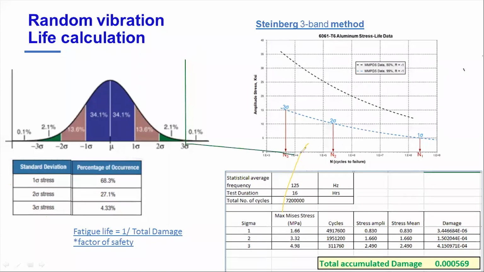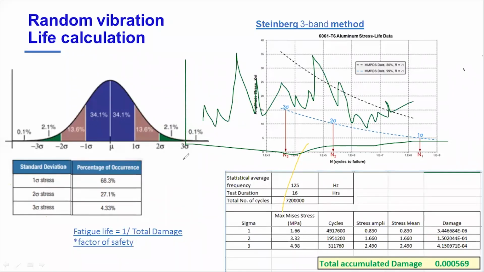If I have to walk over the frequency, what will happen? My stresses will vary like this, because it's a wide frequency range, let's say from 0 to 1000 hertz. I have given the PSD input, and at different frequencies I'm getting stress.